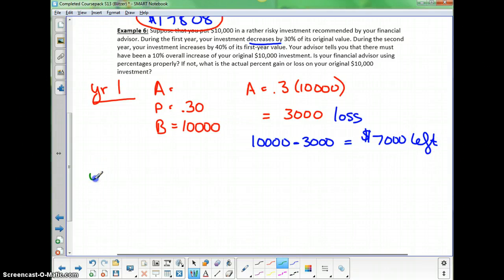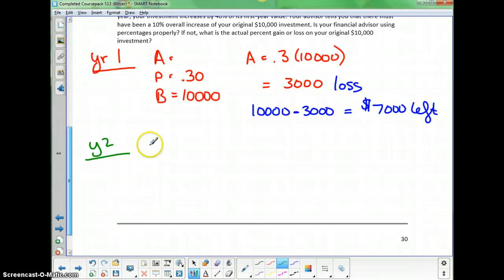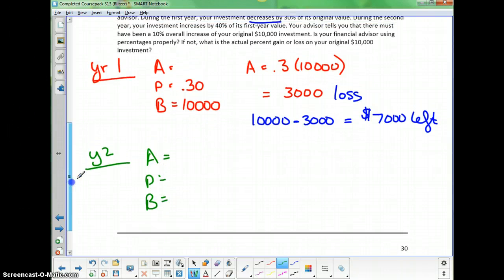Okay, then here comes year two. In year two, we're going to start out this year, and what's going to happen is we're going to have a 40% gain, an increase of 40%. So I'm going to use 40%. And in year two, the amount that I have invested is just that $7,000 that was left. I've already had to lose some of it, so I only have $7,000 here. I'm going to try to figure out how much I earn. So the amount that I earn this time is 0.40 or 0.4 times 7,000.